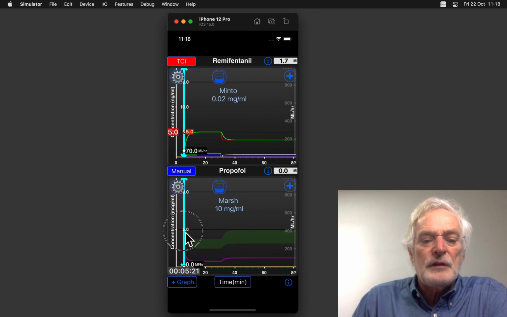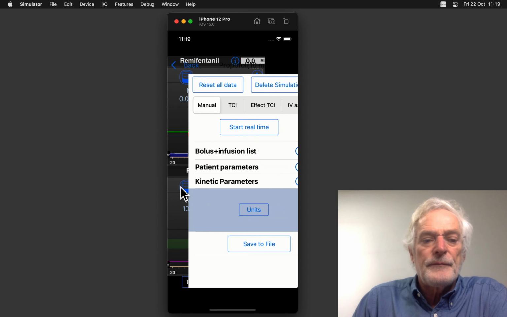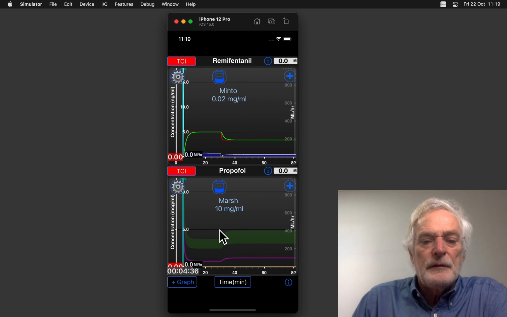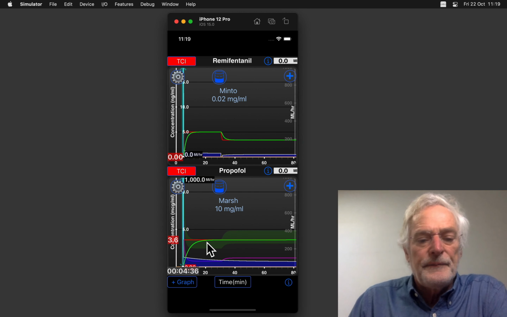So let's just start up a target controlled infusion of propofol around the same time, and we switch to TCI. And so with this higher remifentanil I probably need a blood concentration of around 3.6 to be in the area of 90% adequate anesthesia.